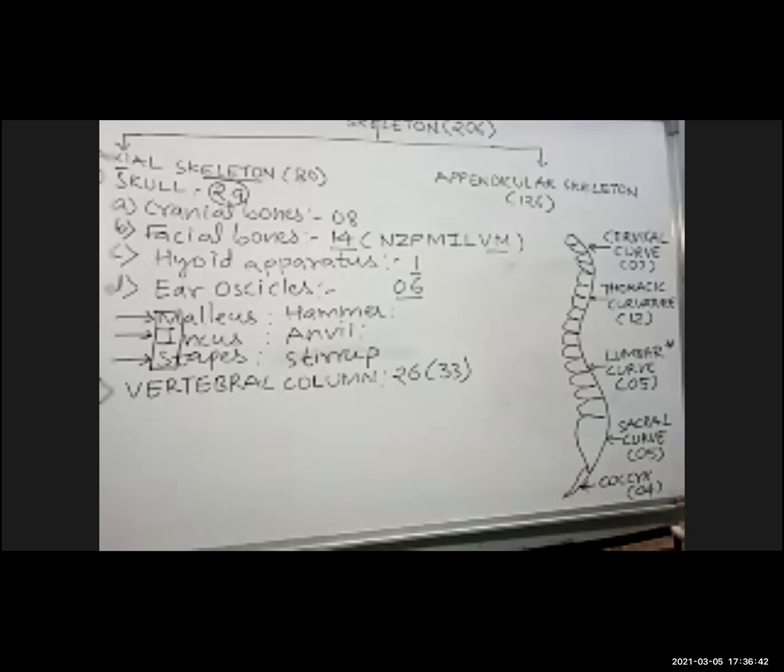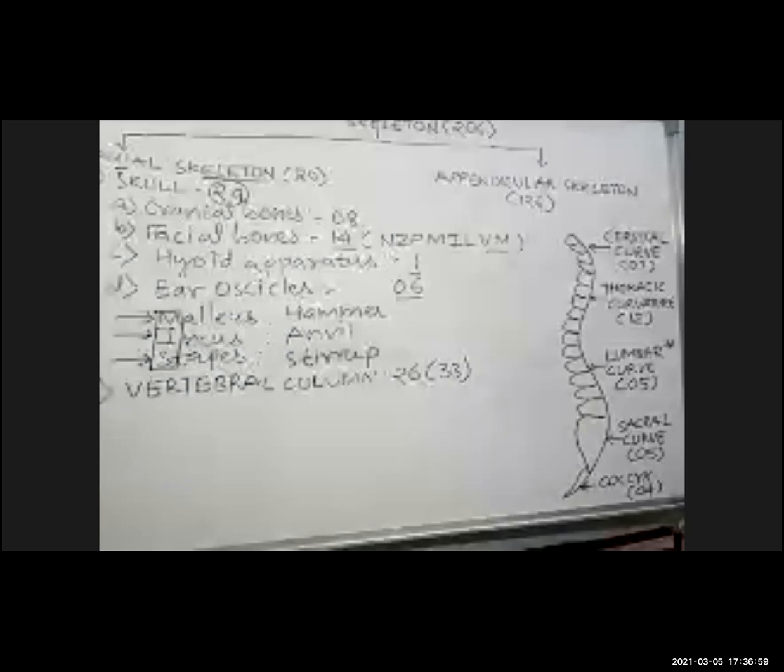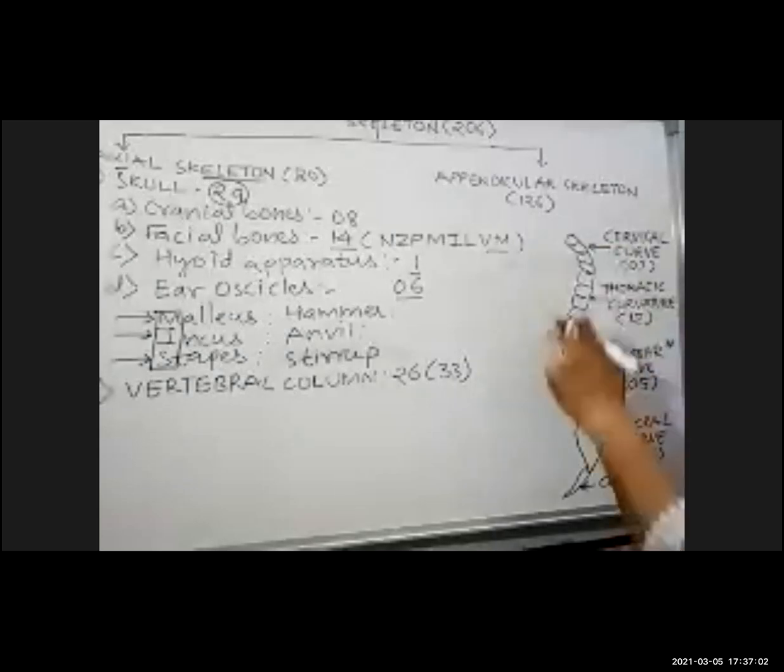Did you get the list? बोलो बच्चों, समझ में आया क्या? Say yes or no. Distribution of bones. Total 26 or 33. Now, how do we say 26 or 33? So if you count these bones now, 7, 12, 5. So these are free bones.